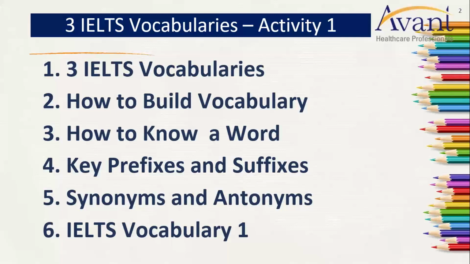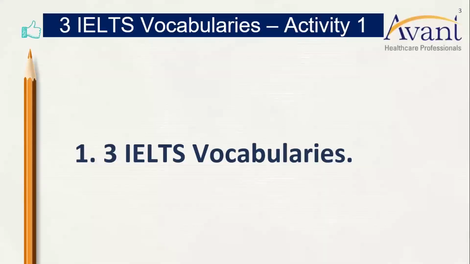Key prefixes and suffixes, which will help you with your vocabulary, synonyms and antonyms, and we have some activities for that to do together. And finally, IELTS Vocabulary 1, and we have a short activity for that as well. So let's go ahead and get started looking at the 3 IELTS vocabularies.